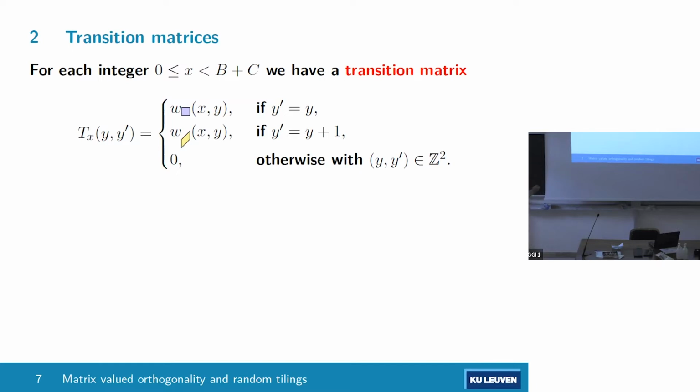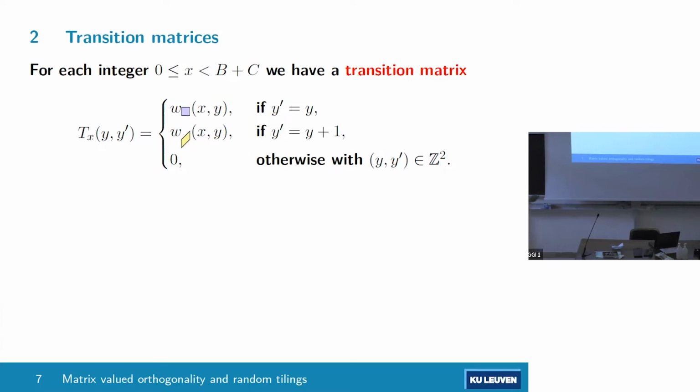So in this transition matrix, it depends on two vertical coordinates, y and y prime, and you stay at the same level. So y is y prime if you have this box here, and then you put in your matrix the weight of the horizontal tile, and you go up from y to y plus 1 if you have this other type of tile there, and that's why you put this on the first super diagonal, and the other entries are just 0.